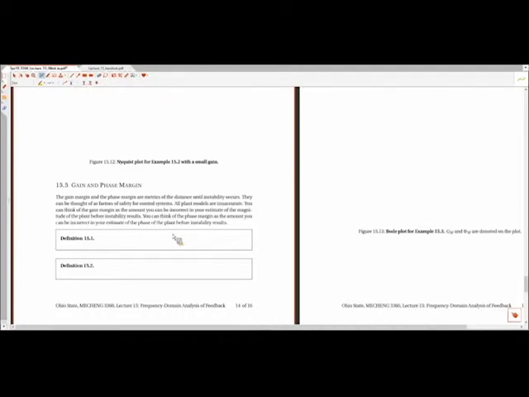So the gain margin, the typed out notes has the book's definition. I don't find the book's definition to be very helpful, so we'll go with my definition.